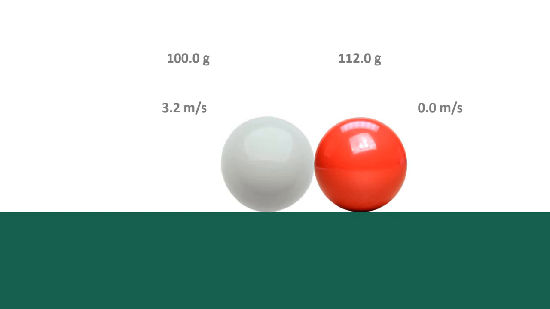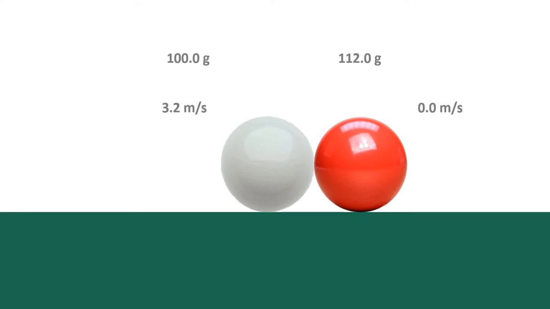Now, we know that through the conservation of momentum principle, the momentum within our little system here, so this is disregarding a lot of other things, I know, it's disregarding the frictional forces between the balls and the pool table, it's disregarding the weight of the balls. This is just our perfect little scenario that we can see here on your screen. We know that the momentum before the collision will be equal to the momentum after the collision.